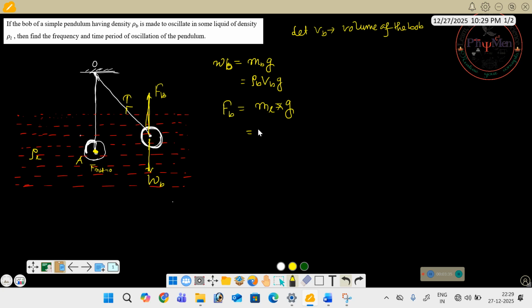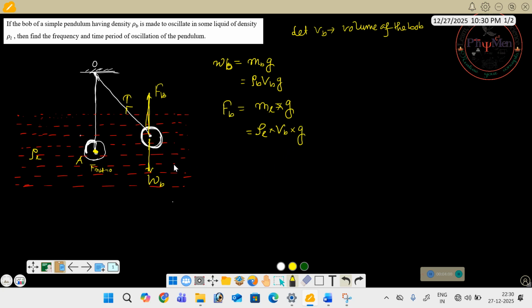So what is the mass of the liquid displaced? It is rho L, the density of the liquid, into the volume of the body submerged. Here the body is the bob, so volume of the bob into g. So these are two forces acting, WB and FB. WB means weight of the bob and FB is the force of buoyancy on the bob due to the liquid of density rho L. And another force is the tension in the string.